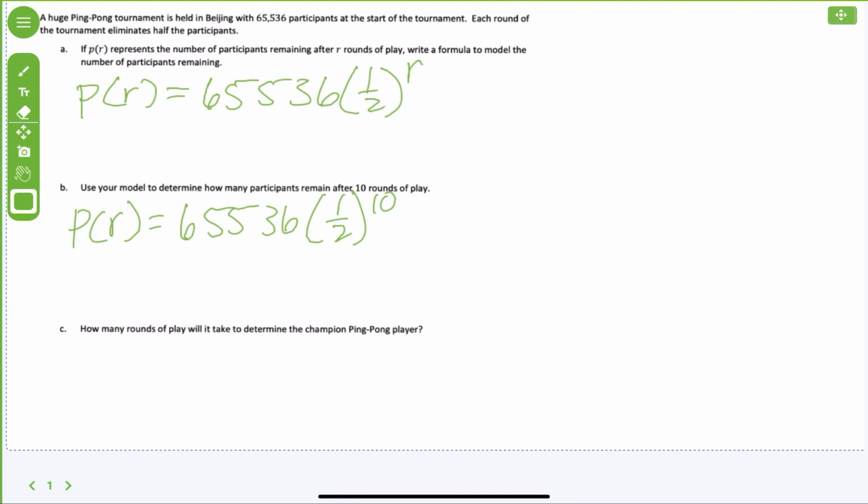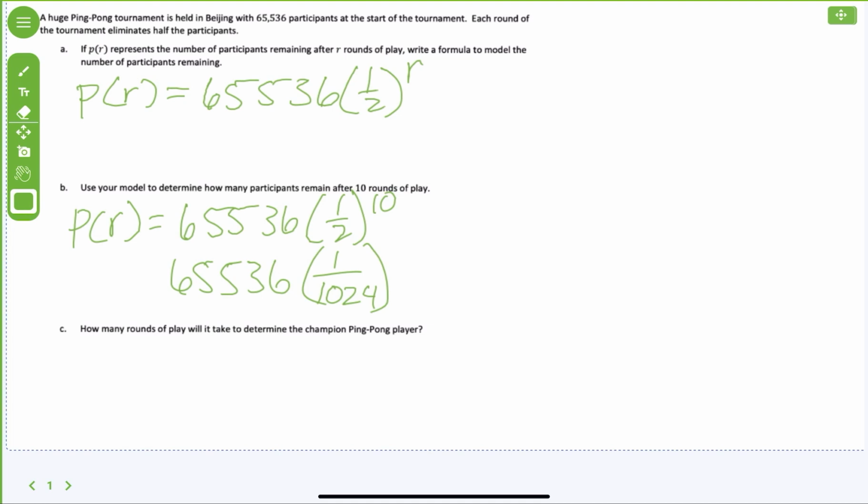That would be 1 over 1,024. So you're going to look and see what is 1/1024th of 65,536.